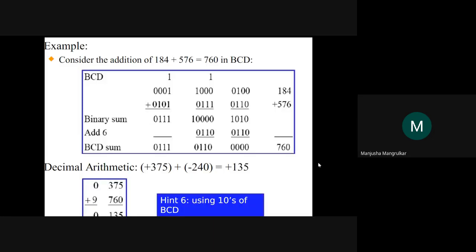So suppose we are subtracting 999 minus 240, what will we get? We'll get 759 and add 1 to make the tens complement. So what will we get? 760. So this is the tens complement of 240, right? So directly we can subtract from 1000.